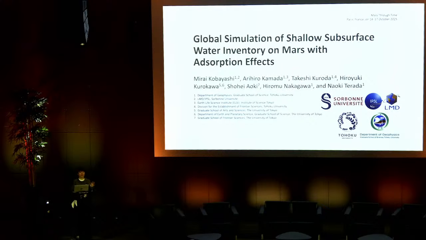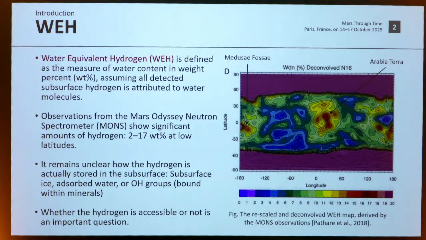Okay, good afternoon, everyone. I'm Mireille Kobayashi, a PhD student at LMD and Tohoku University. Today, I'm going to talk about the shallow subsurface water distribution calculated with adsorption effects. As a reminder, let me begin with the water equivalent hydrogen.